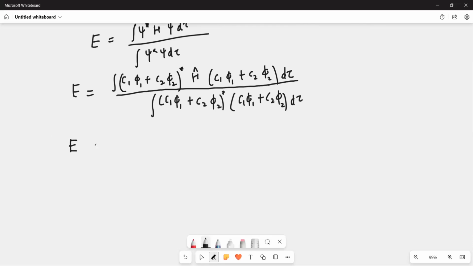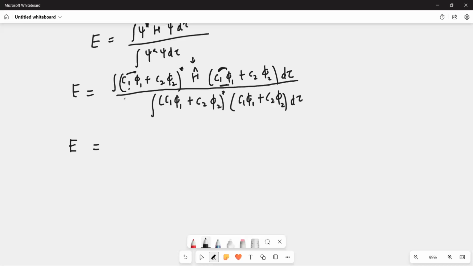E equals, see, here we have this term C1 phi1 and we have this term C1 phi1 of the second bracket, and in between these we have one operator. When you multiply the first term of the first bracket with this term of the second bracket, you have to take care of the position of the operator.